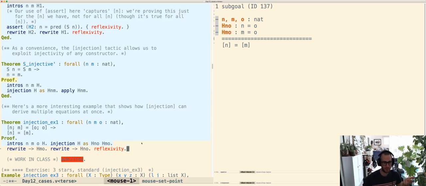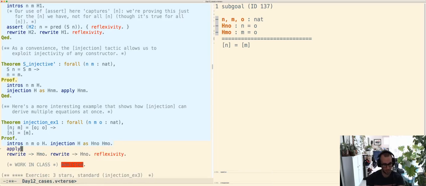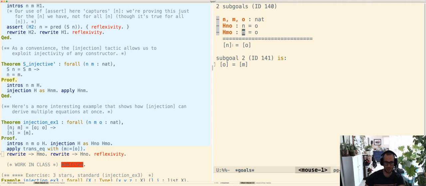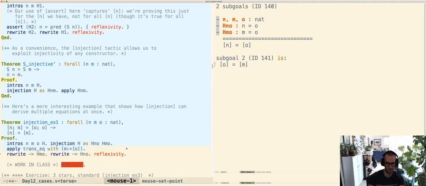So I said also, oh, I'm getting transitivity vibes here. We could prove this with trans_eq. Right, and then we'd have to prove the list n is equal to the list o, but it ends up actually not saving us any trouble, because our equations here are between n and o, not the list n and the list o. I'll finish this proof just to make it clear.